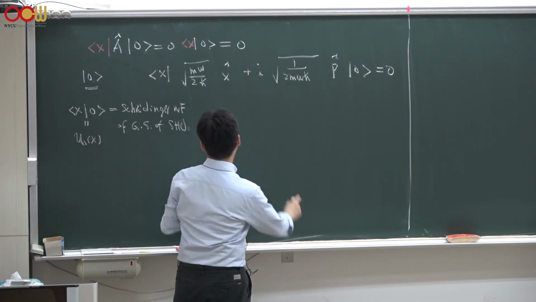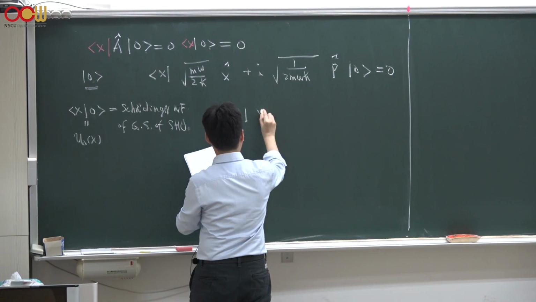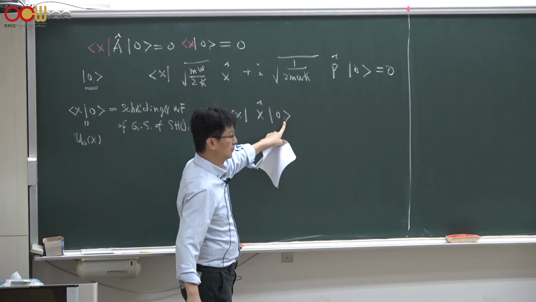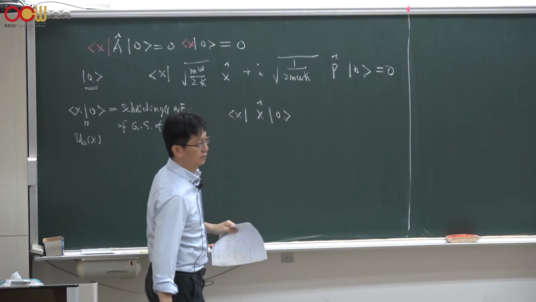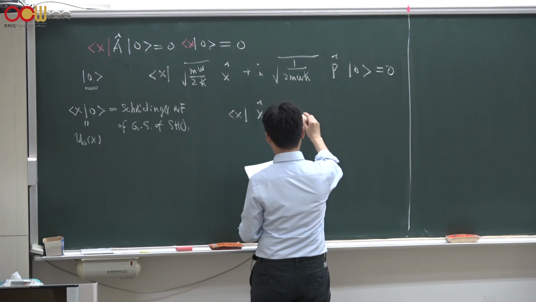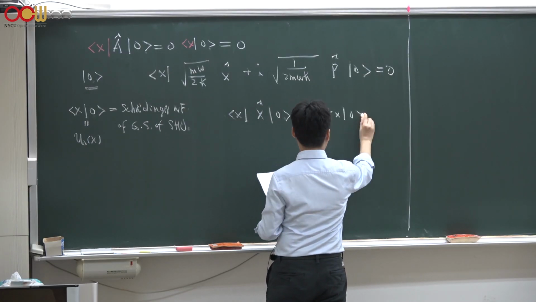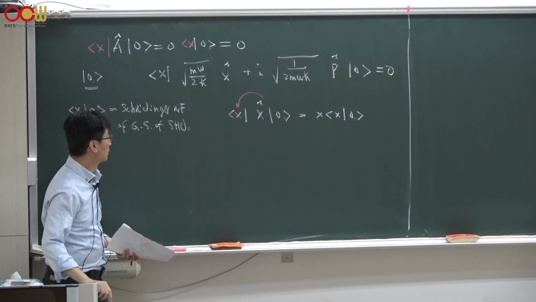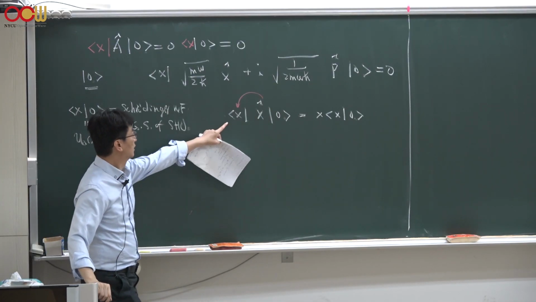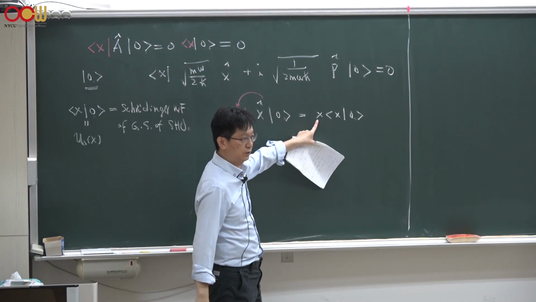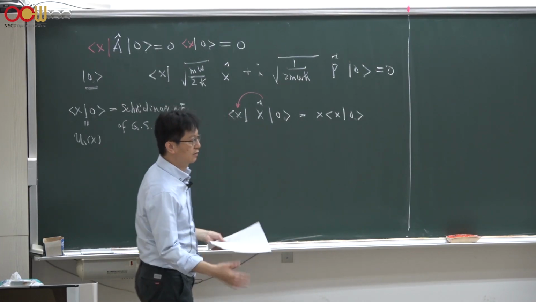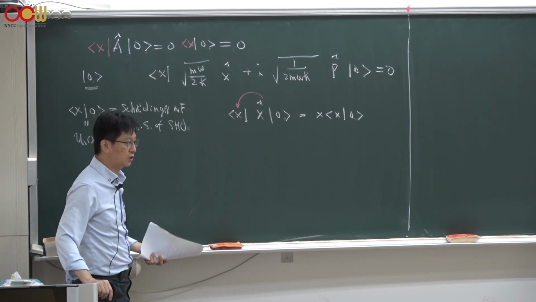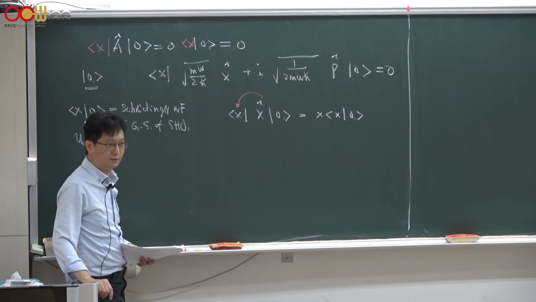But we need to do this algebra. One is the evaluation of the expectation value of the x operator sandwiched between the ground state and the position eigenstate, which is what? Which is x, because you could act this x operator on the left side, on this Dirac bra state, which gives you the eigenvalue x, which is the real value, because the x position operator gives you only a real eigenvalue, because position is a real-valued variable, right?